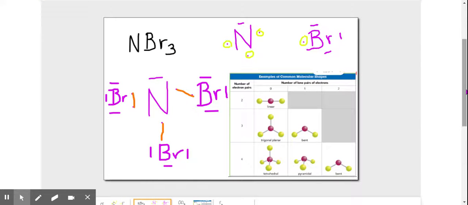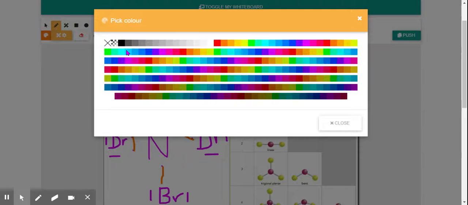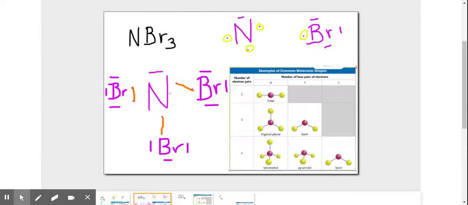Okay, so now we have to figure out the shape. Let me change my color again. We need to first count the electron pairs around the central atom. So I have 1, 2, 3, 4.